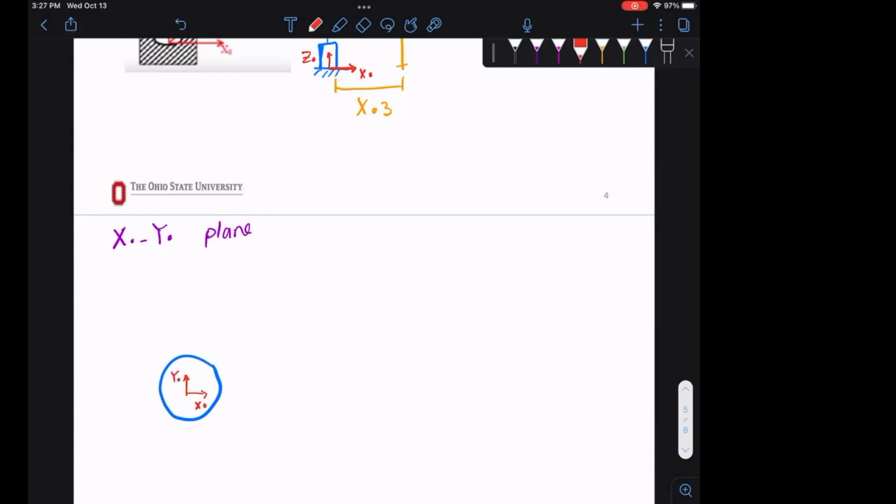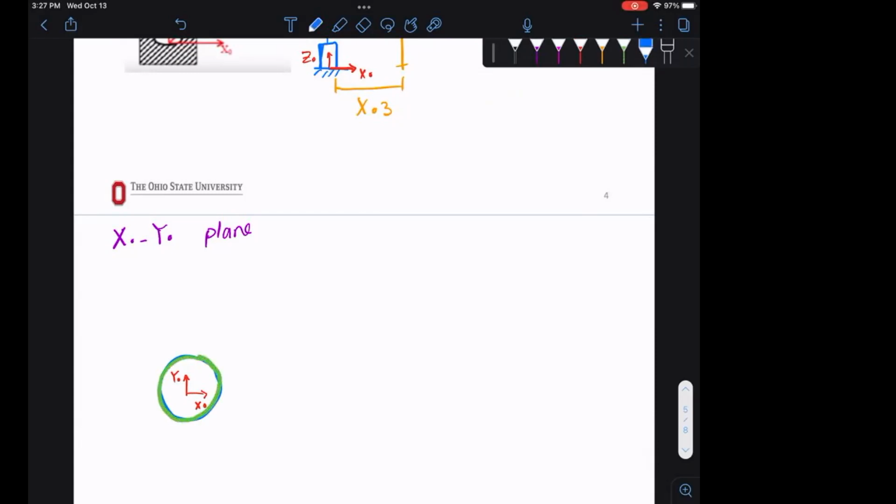Base frame will not rotate if everything else rotates, right? So base frame is fixed. Now, to make things simple, I'm going to assume that my first joint rotated a little bit. So I want to see what will be the configuration of the rest of the robot, all right? Let me make this one green, and then I'm going to draw everything else blue.